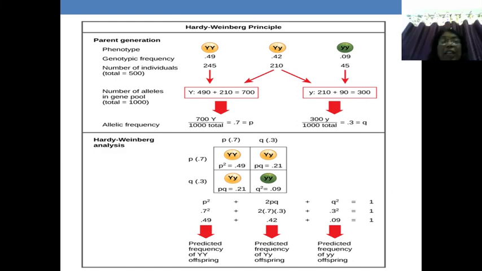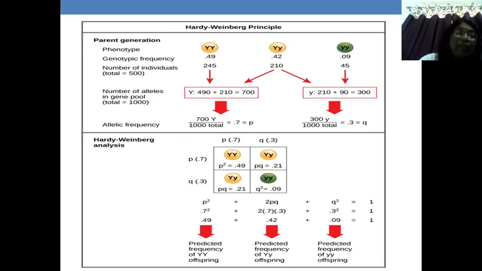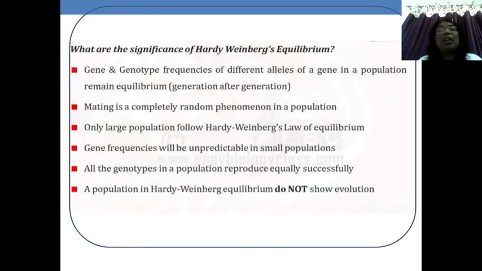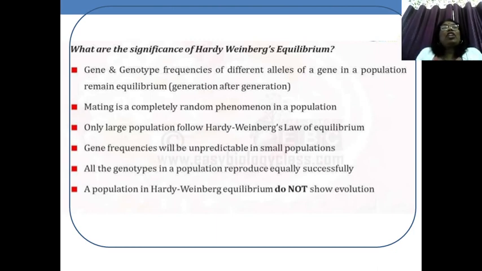These are the predicted frequency of dominant offspring, 0.42 the predicted frequency of the intermediate component, and 0.09 the predicted frequency of small y offspring.